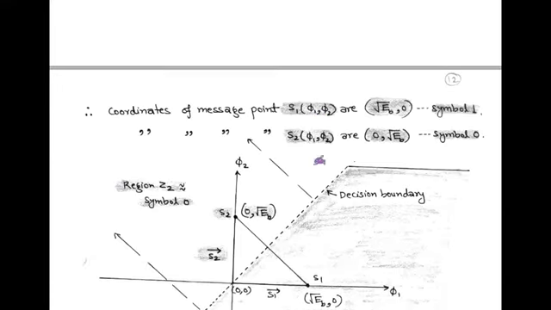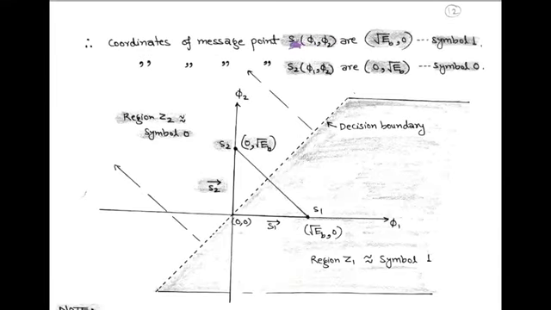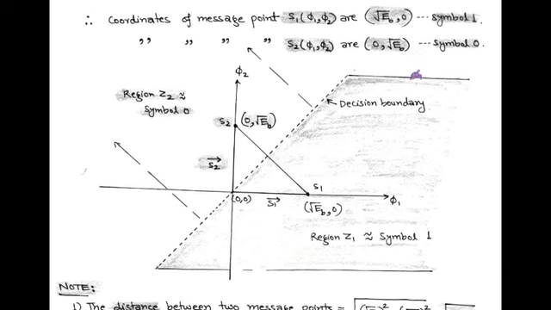Now we can write it in summarized form. For symbol 1, message point S1 in functions phi1, phi2 has coordinates square root of EB, 0, and for symbol 0, message point S2 in functions phi1, phi2 has coordinates 0, square root of EB.